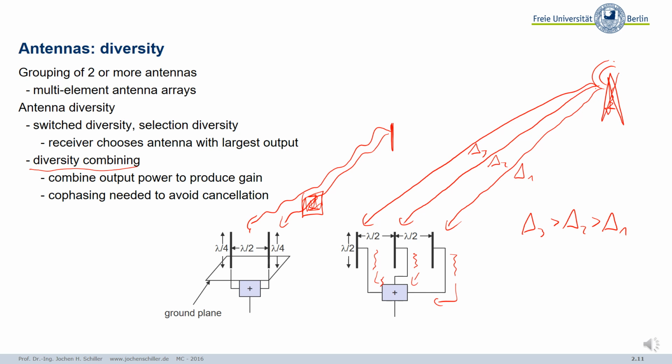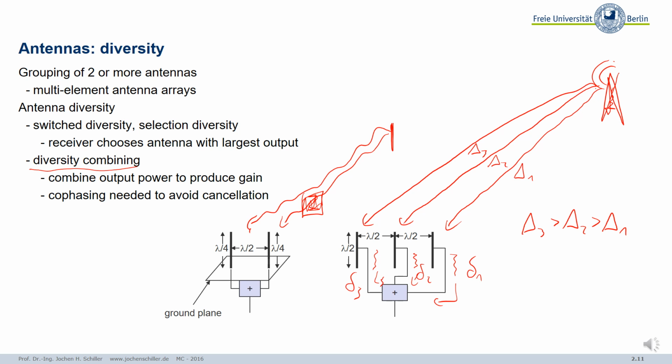So if you want to recombine, you have to adapt the power. They have different power, so you have to amplify them, but also you have to insert certain delays for the different signals. And then the signal that arrives first you delay a little bit longer so that you can recombine them in a constructive way.